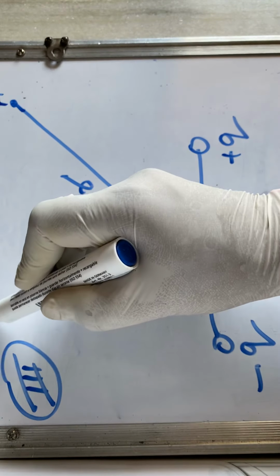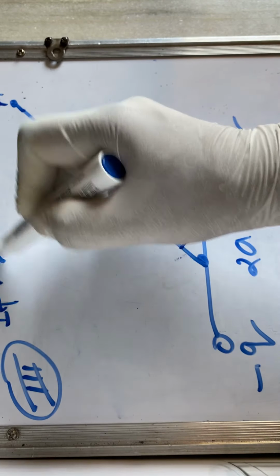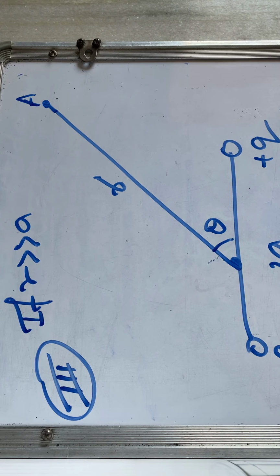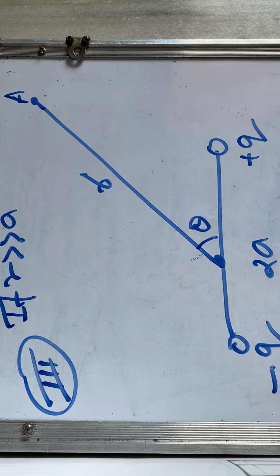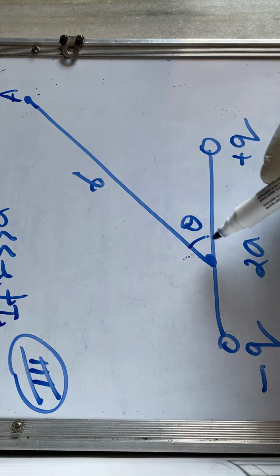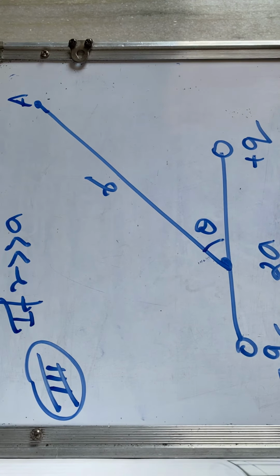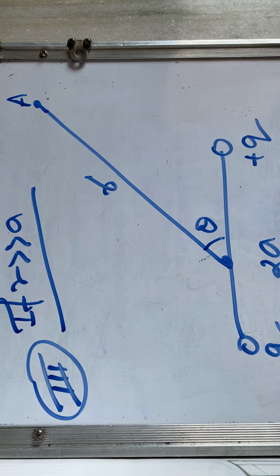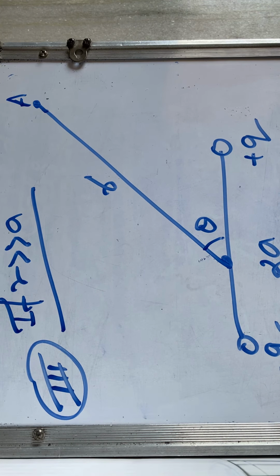Here it is given that r is much greater than a. You have to find the electric field at r distance from the dipole, at angle theta from the dipole axis, by considering r is much greater than a.